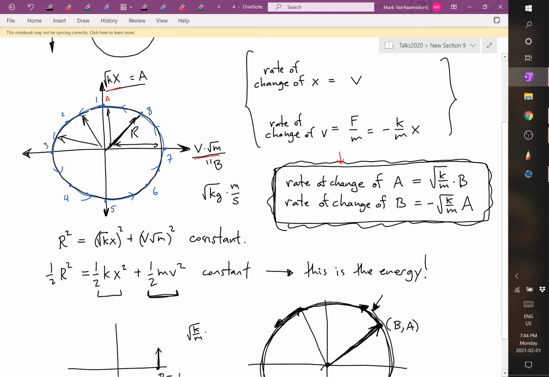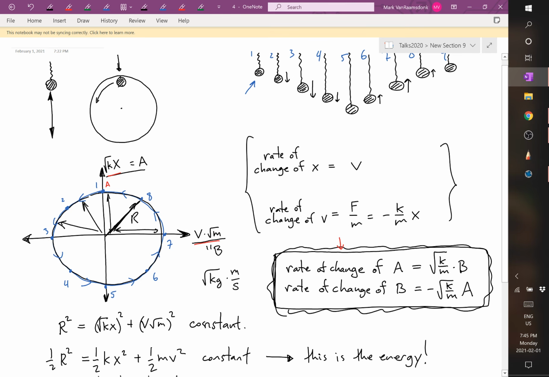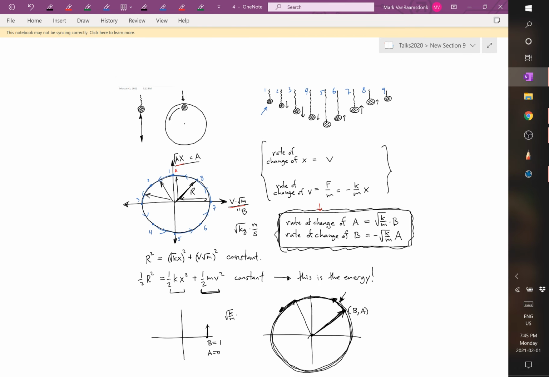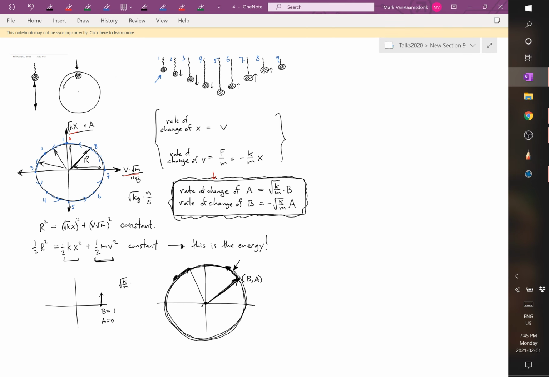So that was maybe a little bit detailed mathematically, but I just wanted to give you a sense that we can really prove these facts. It's all just the Newton's law equations that we started with, and those immediately imply that you go around on this circle on this xv plot at a constant rate.